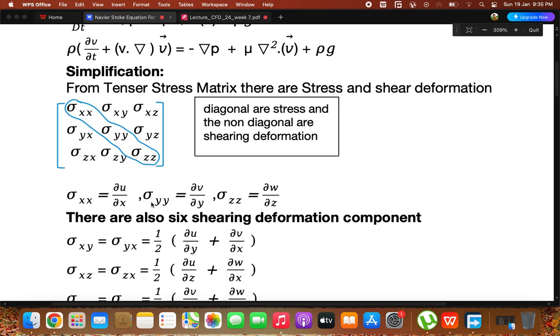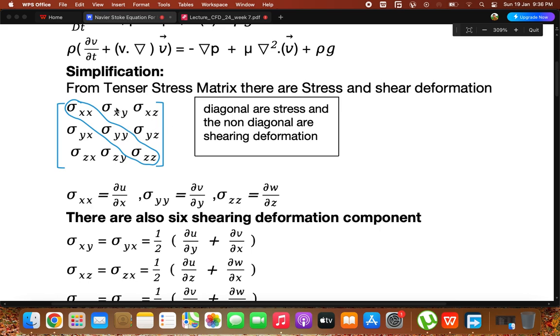for sigma yy and sigma zz, we can write it as partial w upon partial z. In this matrix, these three diagonal elements are the stresses, and the other six elements are the shear deformation.